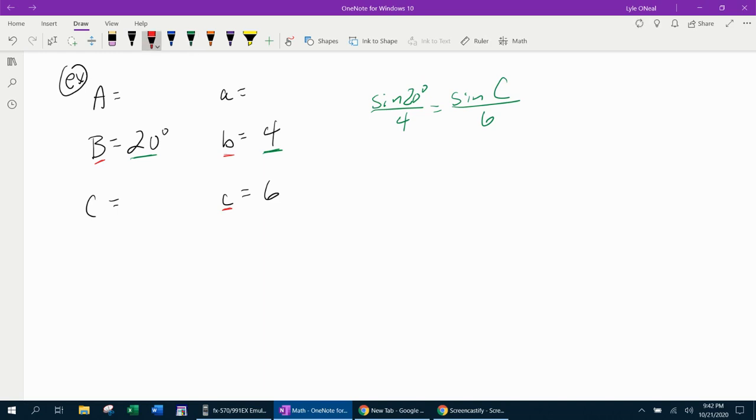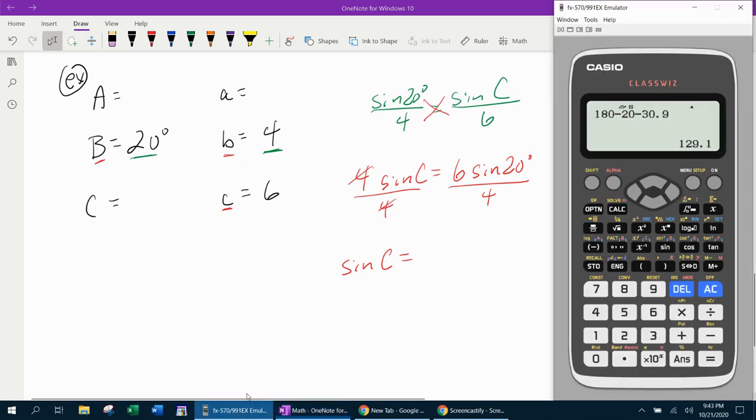And now that we have the proportion set up, we need to cross multiply. 4 sine of C equals 6 sine of 20. We're solving for angle C, so we need to divide by 4. And then I'm going to bring up my handy dandy calculator to calculate that.